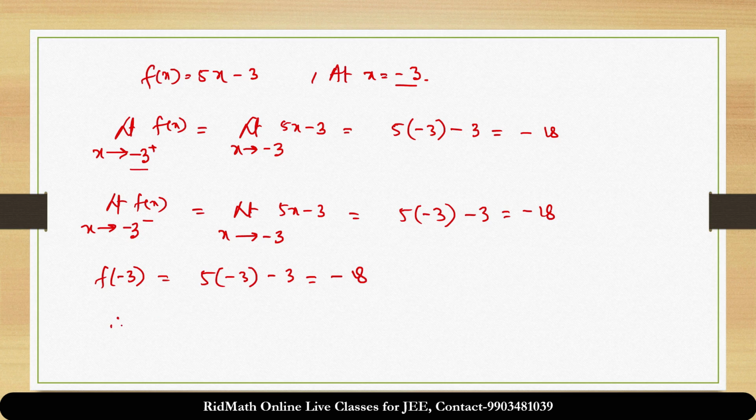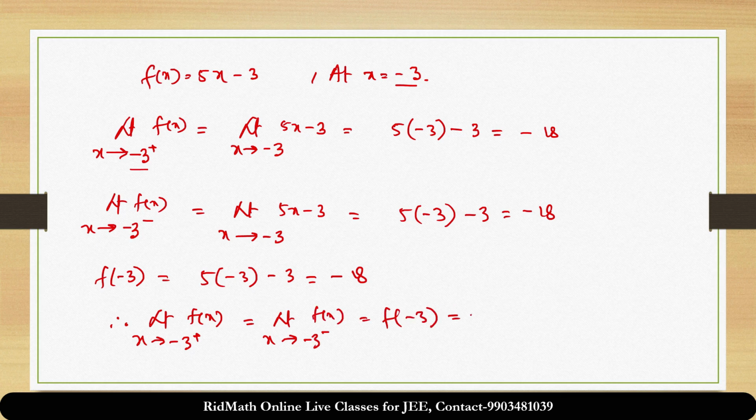So therefore limit x tends to minus 3 plus f(x) equal to limit x tends to minus 3 minus f(x) and f(minus 3), all are equal to minus 18. So therefore f(x) is continuous at x equal to minus 3.